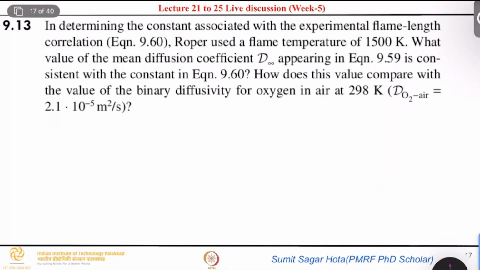Here we need to find out the value of D infinity, and we have to compare it with the value of D of O2 in air.